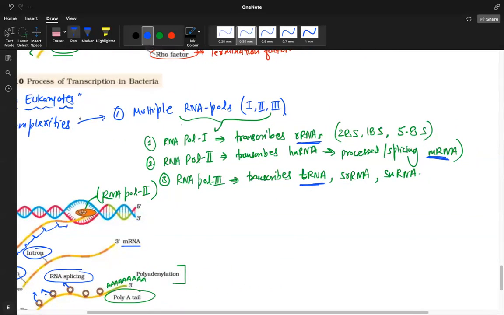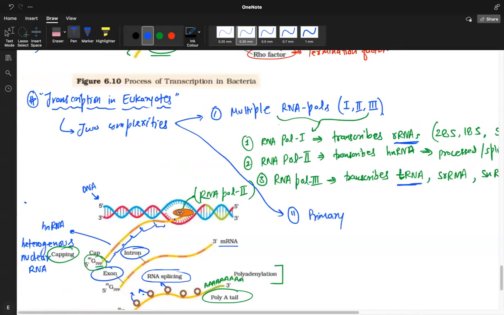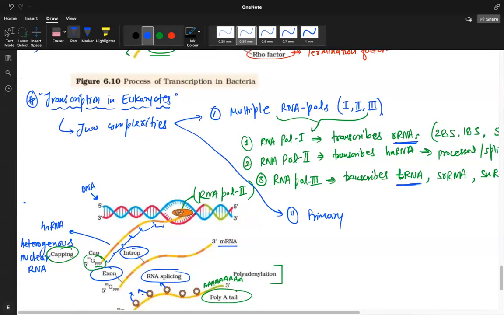The second complexity is, let me write here. Can anyone think what the second complexity is? We talked about it just now. The second complexity is the primary transcript. When I say primary transcript, it means the first thing that comes out of the polymerase enzyme.